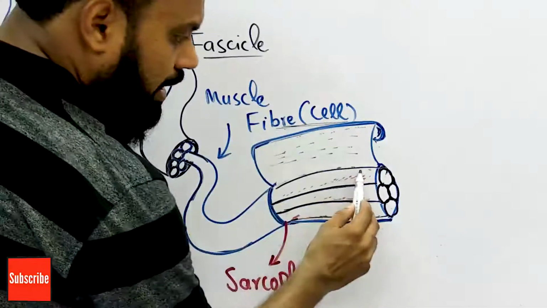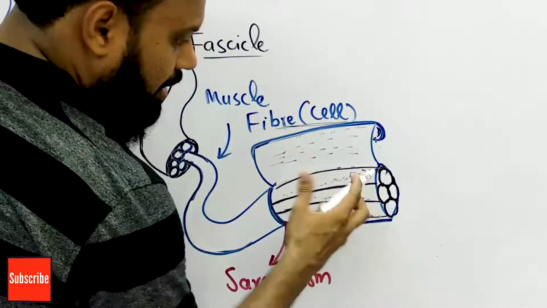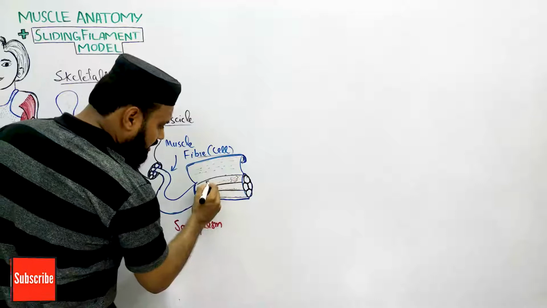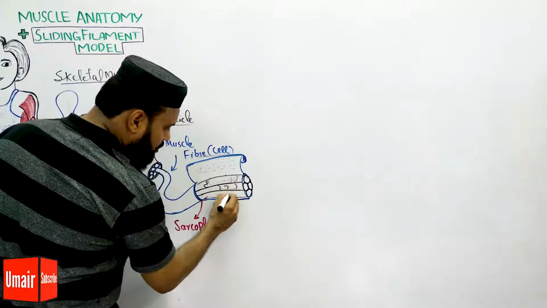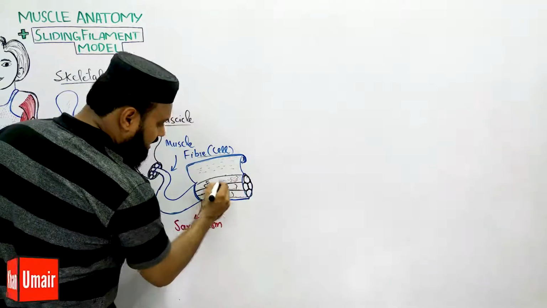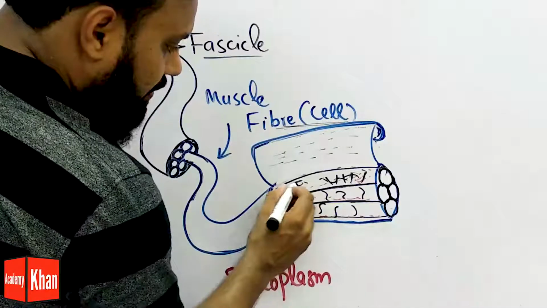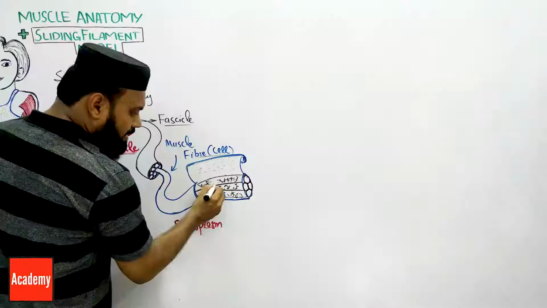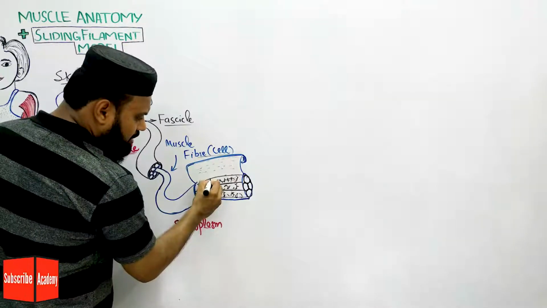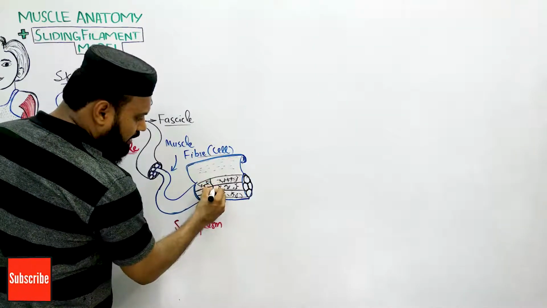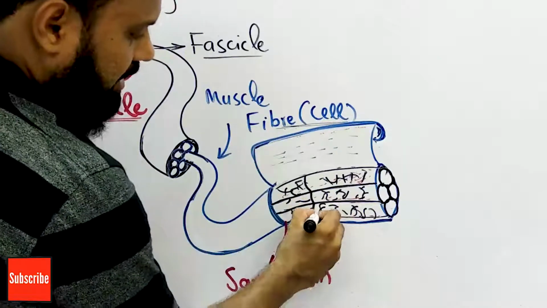Now we come to the structure. A cell has endoplasmic reticulum. What are they? Actually, they are a network of channels. So you can make it just like that. It is a network of channels extending throughout the cell of the muscle fiber. But periodically, they form a ring. As you can see, this is a ring.